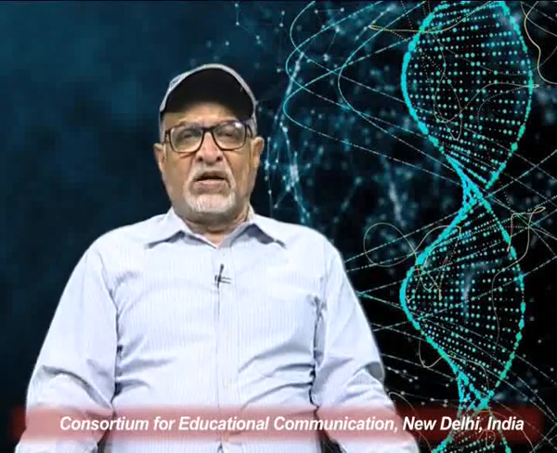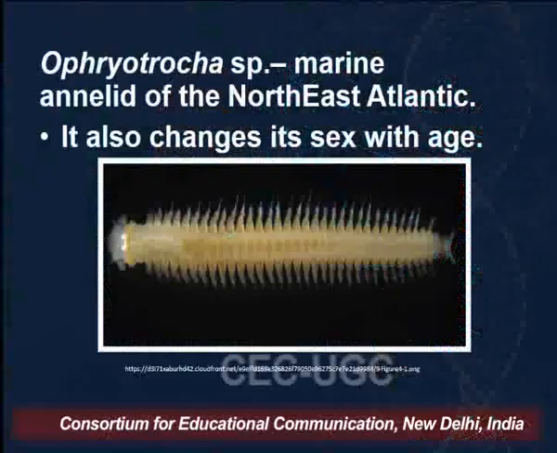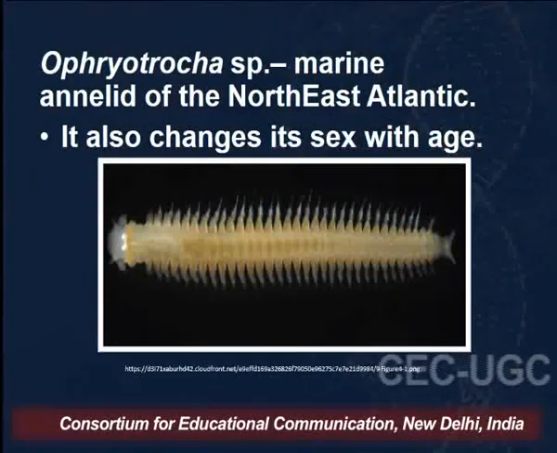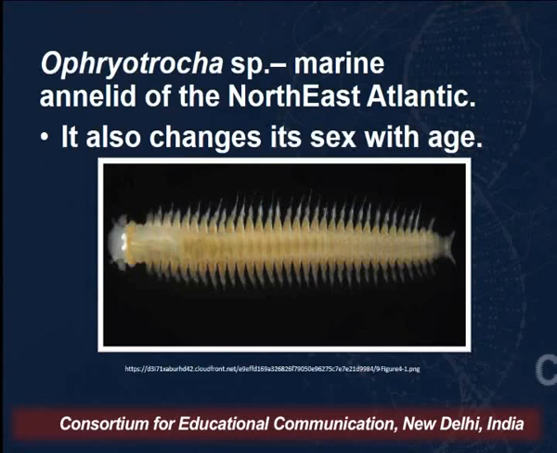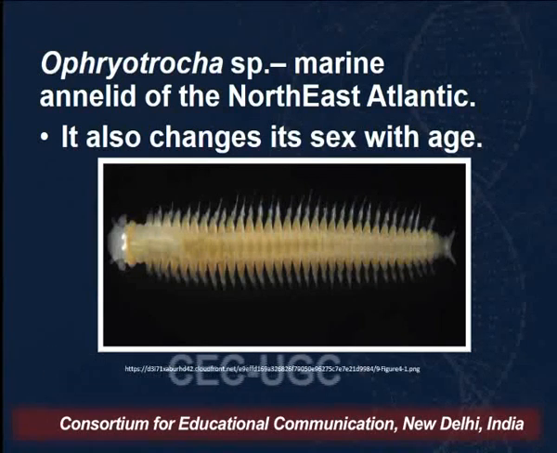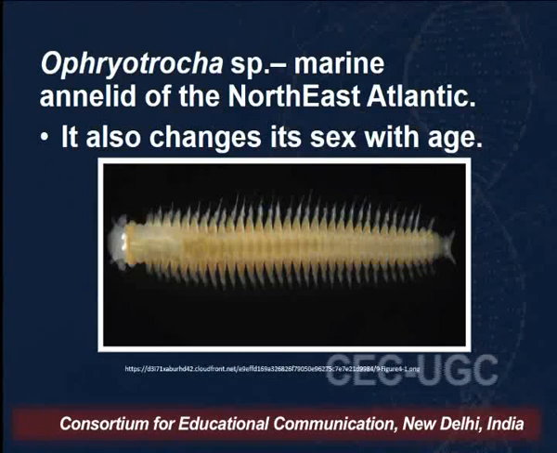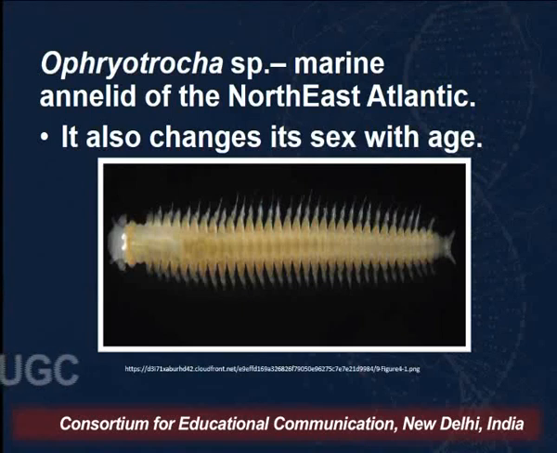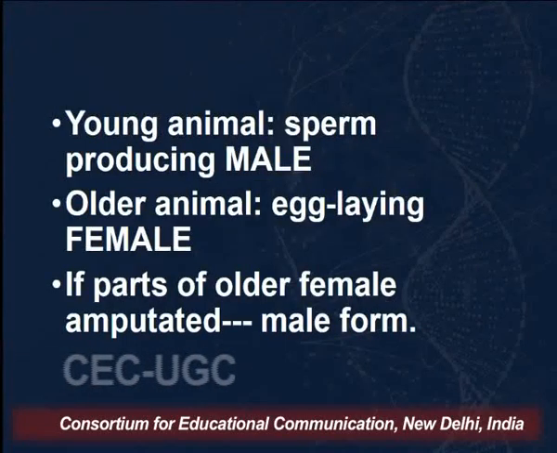Let us look at the screens for another classical example of a marine annelid by the name of Ophryotrocha species, which exists on the northeast Atlantic shores. This particular annelid has the capability to change its sex with the age of the organism.